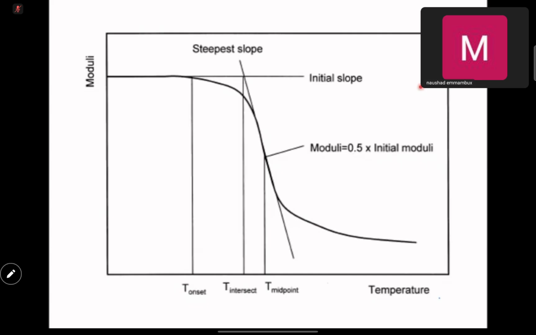And they say that the glass transition is the change from vibration to the translation stage. When the material goes through the glass transition temperature, it tends to soften, so its moduli, especially your storage modulus, tend to change and become lower.